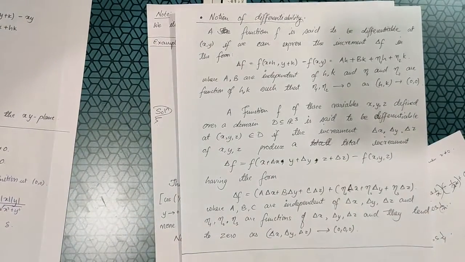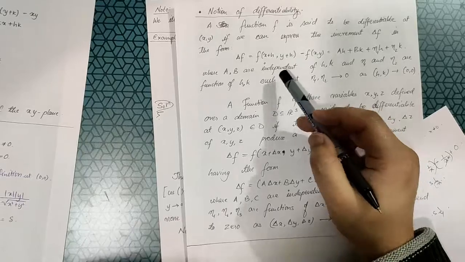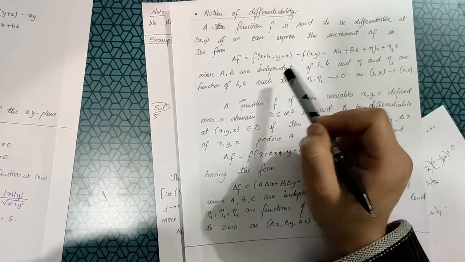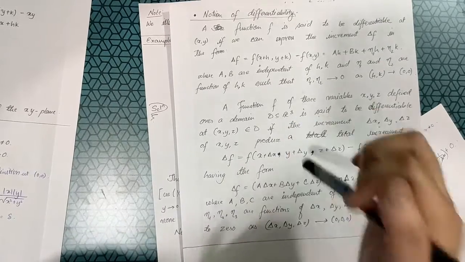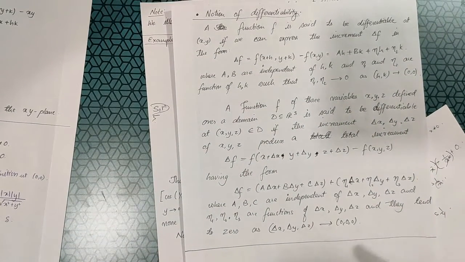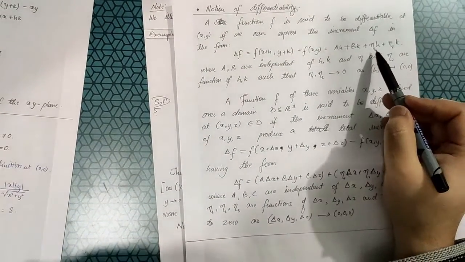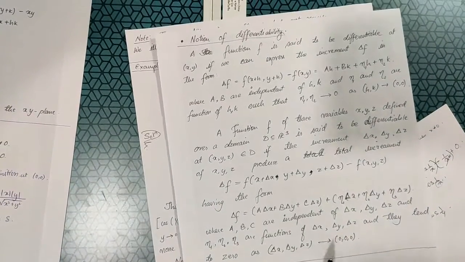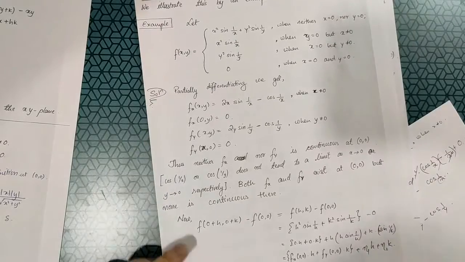So what this is saying is, if we can express this increment in this form, then we can say that the function is differentiable, and this η1 and η2 must tend to 0 as (h, k) tends to (0, 0). So let's see here.